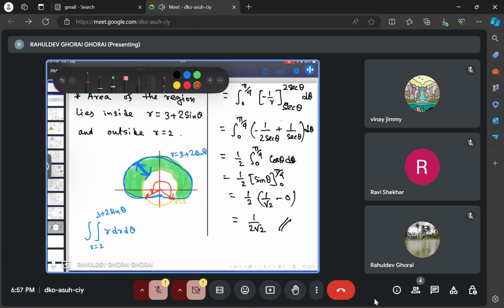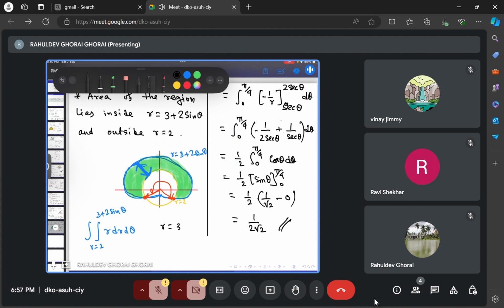So mainly we need to find the values at these 2 points, which are nothing but the intersection of the given 2 curves, right?